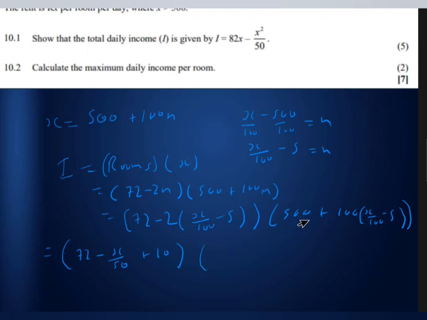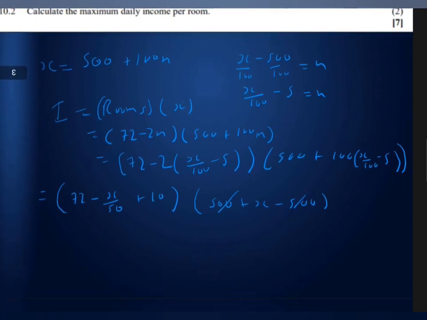So now let's work with that one as well. We have got 500 plus. Now notice this will cancel this when we distribute, and then when we distribute again, for now we have X. When we distribute again, we are going to have minus 500. And boom, check what happens here. This cancels this. So this 72 plus 10 is 82.